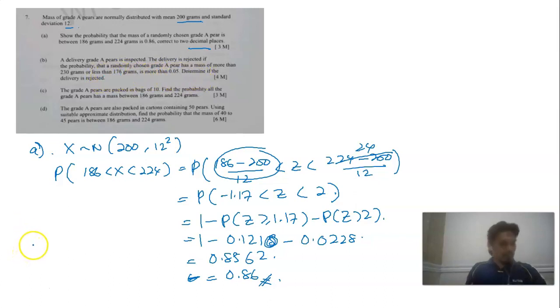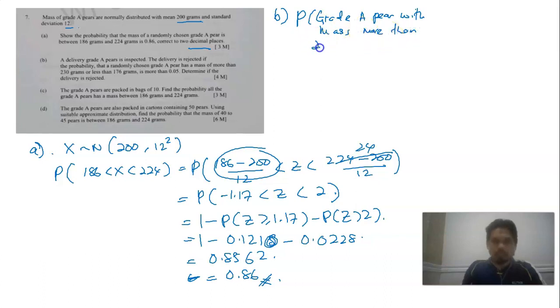Okay, so for this one, for question B, the probability of a grade A pear with mass more than 230 gram or less than 176 gram.